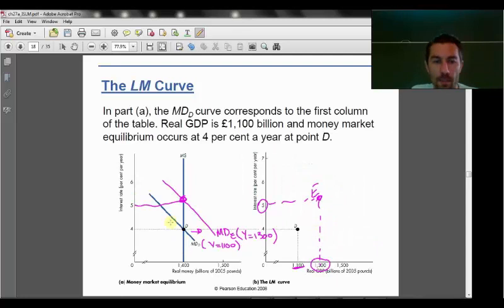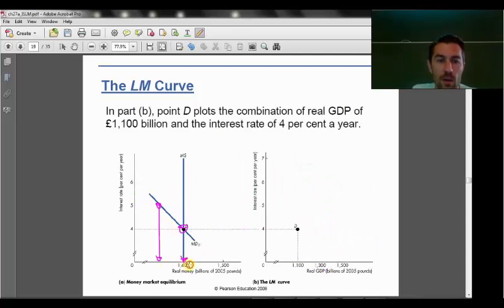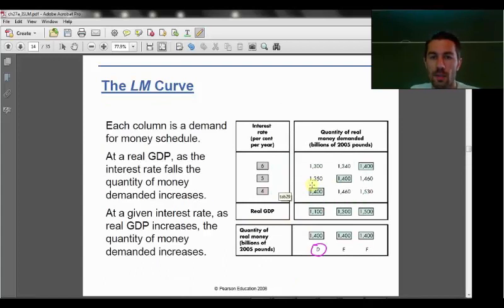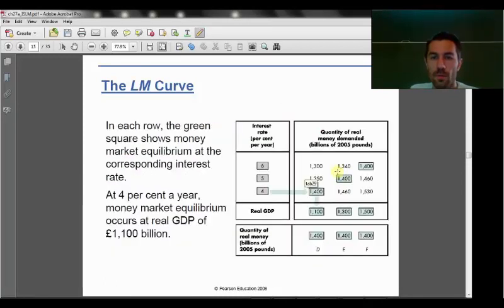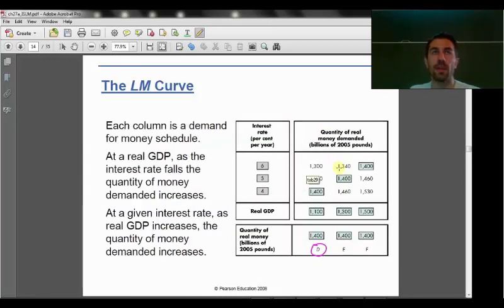In other words, the amount of money that we want is now lower. When the interest rate is 6%, the amount of money we would want would be even lower, and they tell us it's going to be 1,300. So for different interest rates, given our level of GDP 1,100, we have different quantities of money demanded.